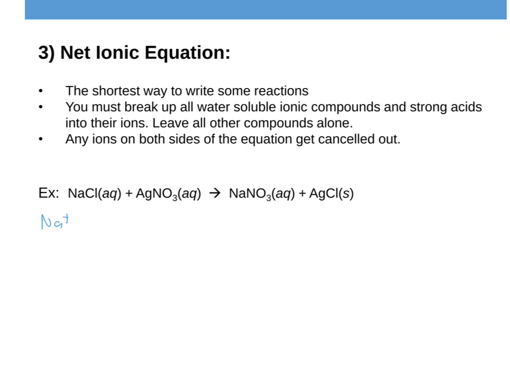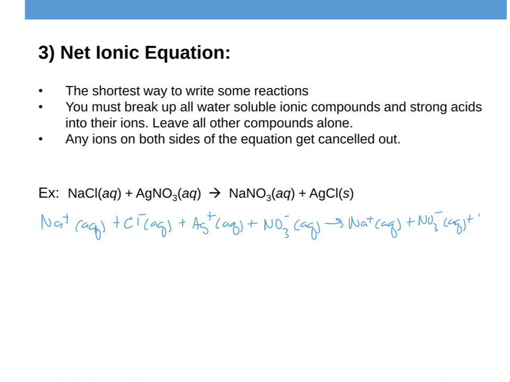So I have Na plus and Cl minus and silver plus and nitrate minus goes to Na plus, nitrate minus, right? Sorry, this is so long. And then silver chloride, solid, silver chloride.